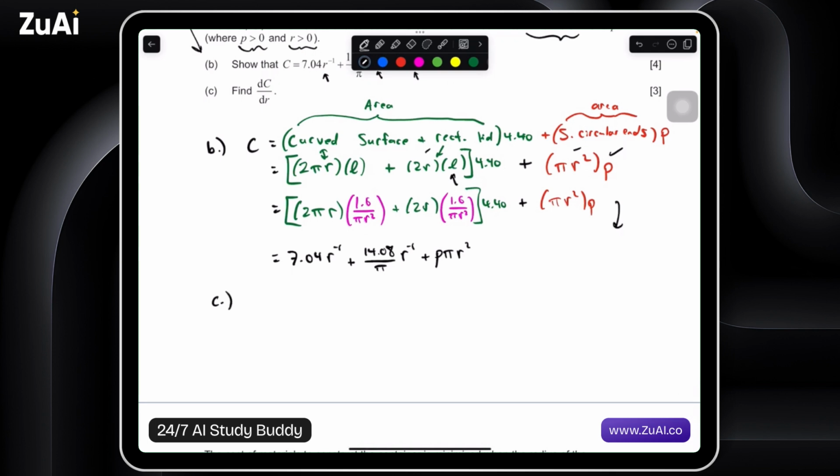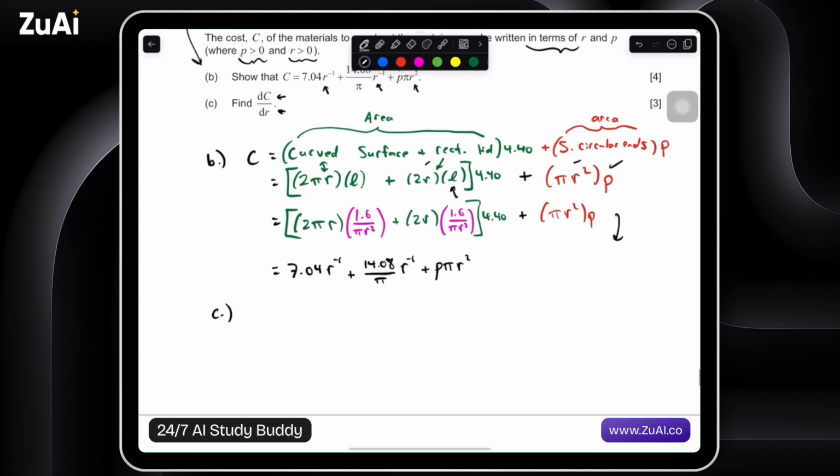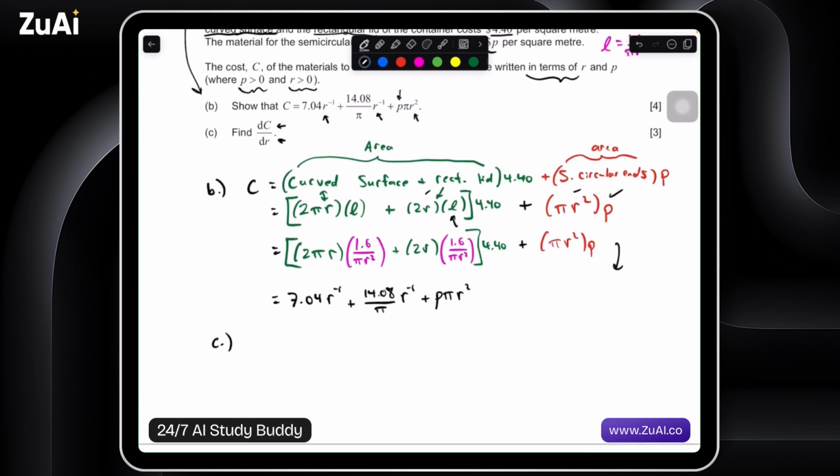Part C is asking you to find the derivative. So change in cost over change in the value of r, the radius. So as we stretch out the radius and make this wider at the bottom, or shrink it, how does that change the overall cost of these cylinders?